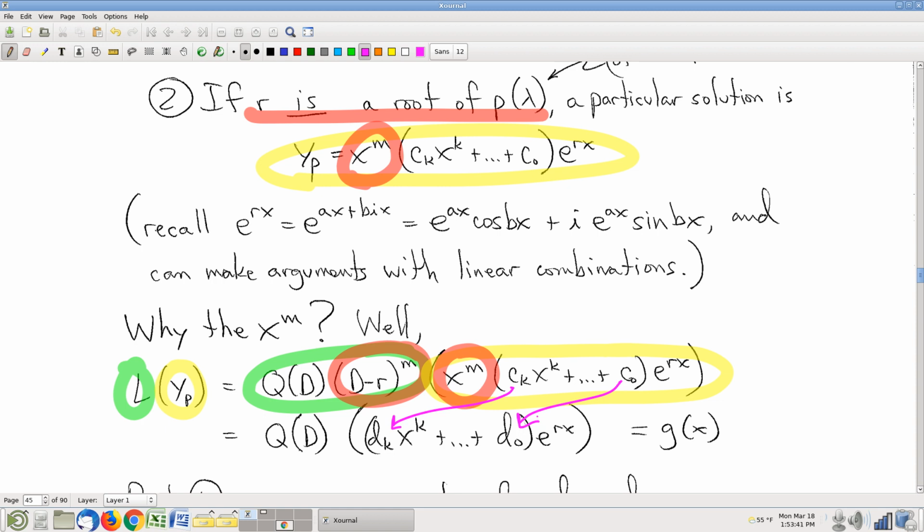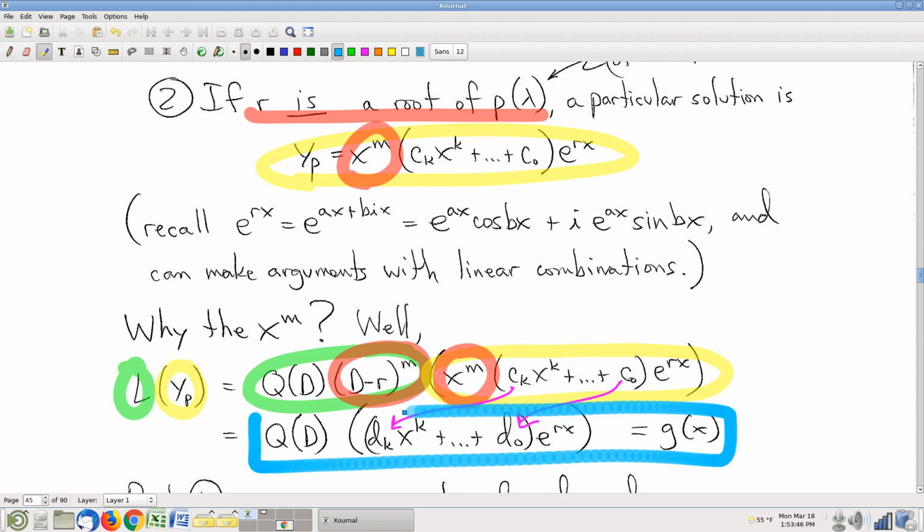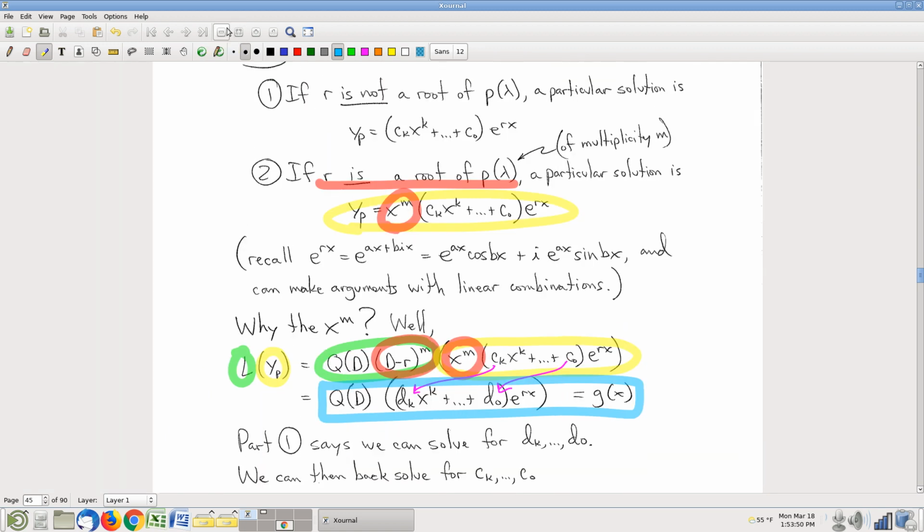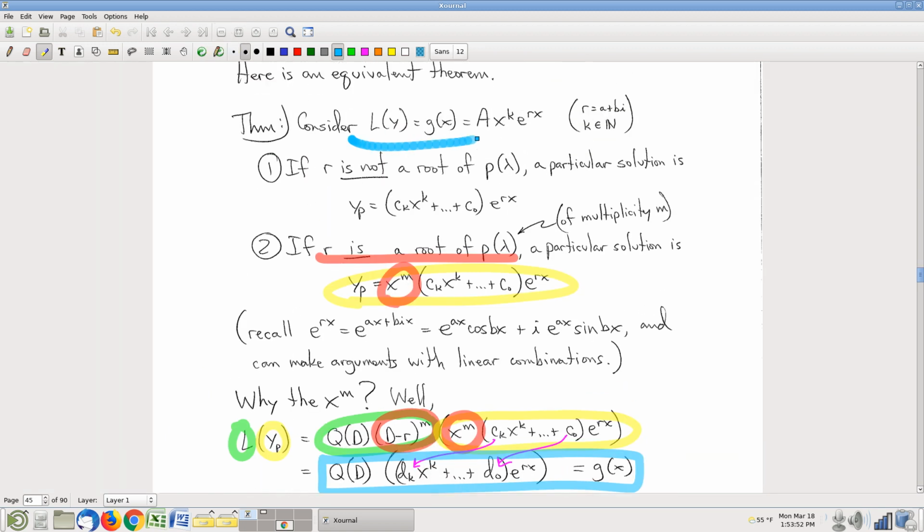And the nice thing about this algebra is that it is exactly the algebra that we have up here. This is that equation where r is not a root of the polynomial. Right? You can see the characteristic polynomial right here is just the Q. This is just the part where all the D minus R's have already been pulled out.